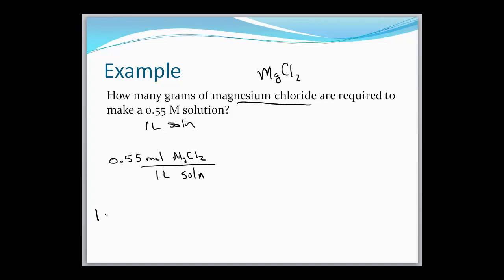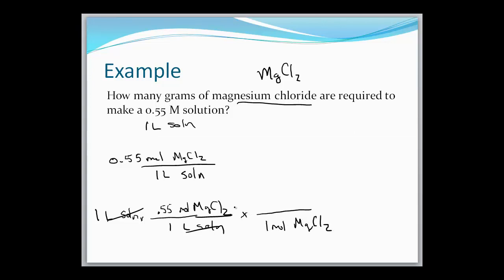So if we started with 1 liter of solution and we're making a 0.55 molar solution, that way our liters of solution would cancel. We would have moles of magnesium chloride and then 1 mole magnesium chloride. Since we're converting to grams, add up the molar mass and you get 95 grams of magnesium chloride.